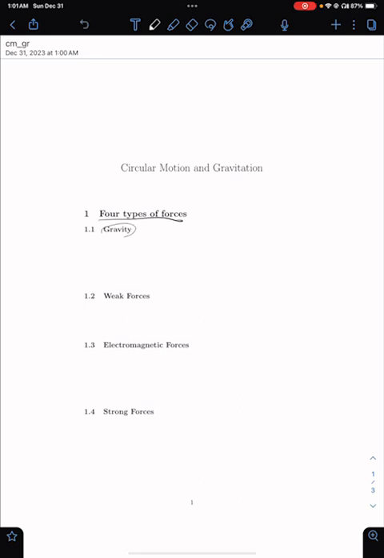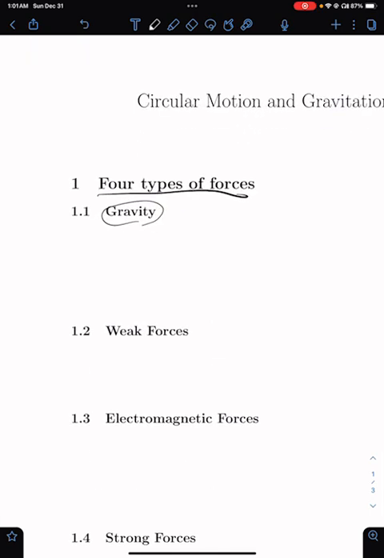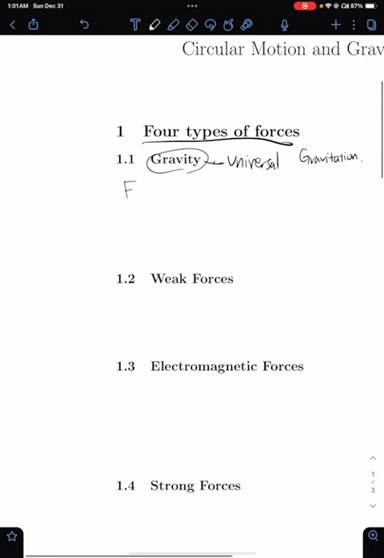First is gravity. Although we say gravity, the technically correct term is universal gravitation, and we often know gravity. The force of gravity is the mass times the gravitational acceleration, but that's only for Earth.